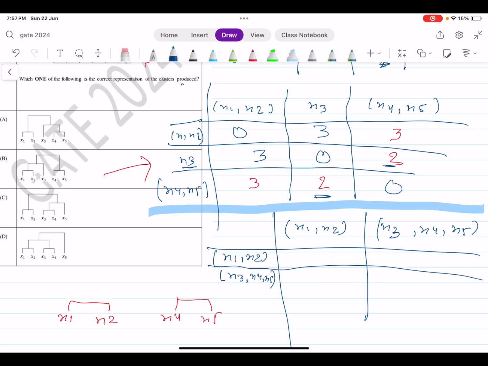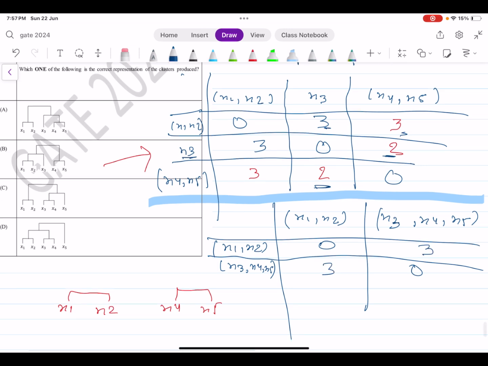So this will be 0, this will be 0, and we see that x1, x2 has a distance of 3 with x3 and 3 with x4, x5, so this will be 3, and here it will be 3. And now because there are only two clusters, we'll club them together like this.